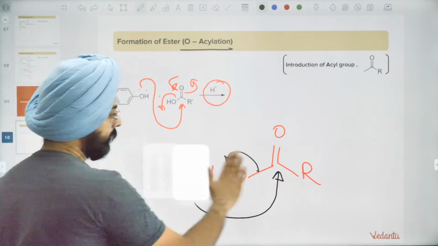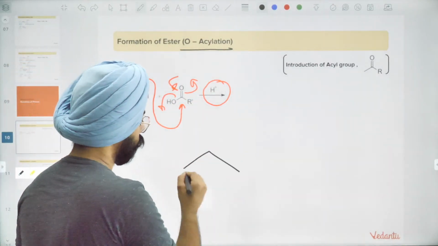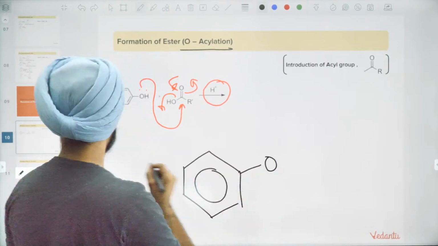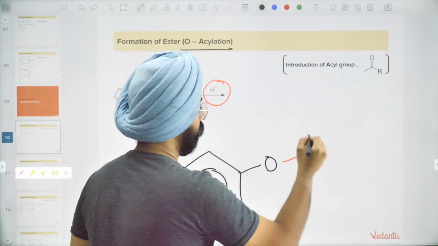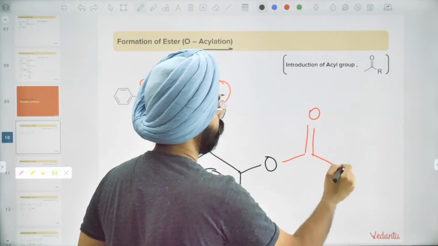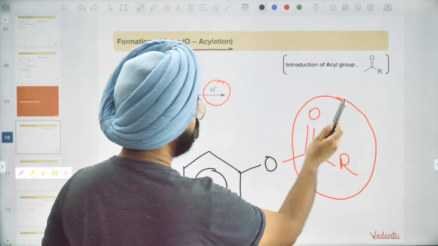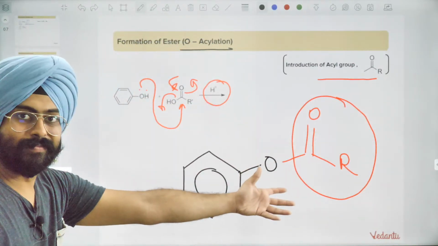Yeah. So finally, what will be the product that I'm getting in this case? It will be a very beautiful ester that comes out of the phenol. ठीक है, तो यहाँ पे this is what will happen. ठीक है. Now my dear friends, this particular segment that we have is known as the acyl group. Acylation. ठीक है.